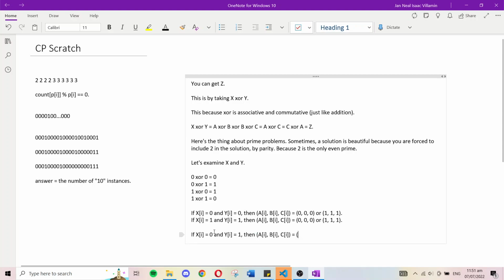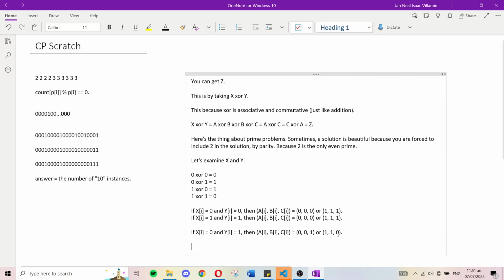The only cases where this is 0 is if ai is 0 and bi is 0, or ai is 1 and bi is 1. Now yi is 1, and the only case is this one. So combining those two cases, we really only have 0, 0, 1, or 1, 1, 0, right?